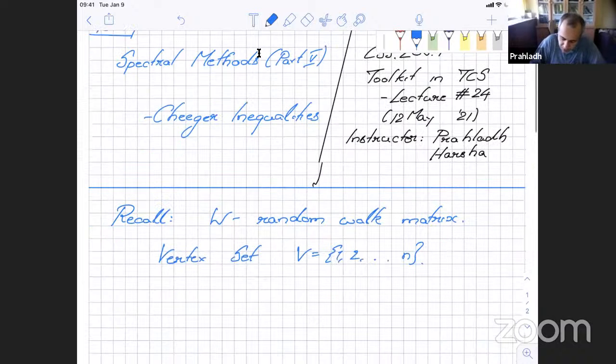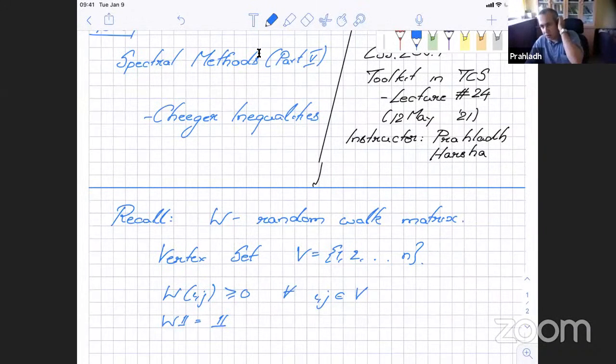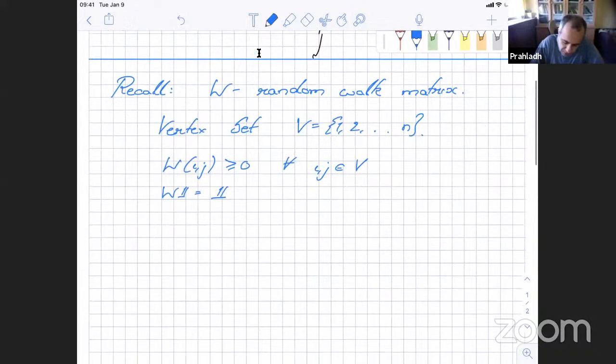So W is such that Wij is greater than or equal to 0 for all i, j in V, and W of 1 equals 1. 1 is a right eigenvector. That is, for any vertex, if you sum the weights of all the edges leaving it, that sums to 1.